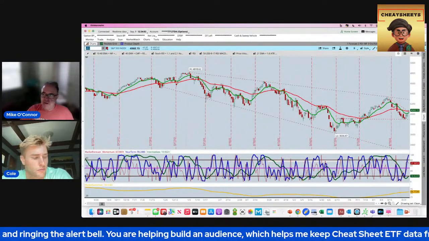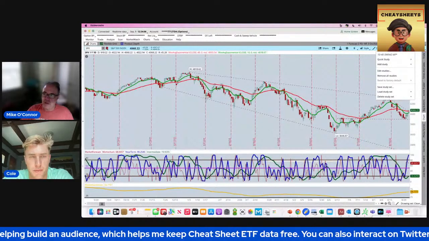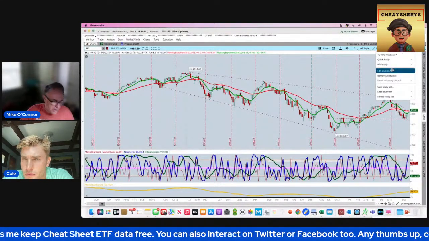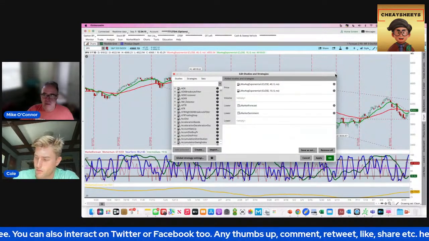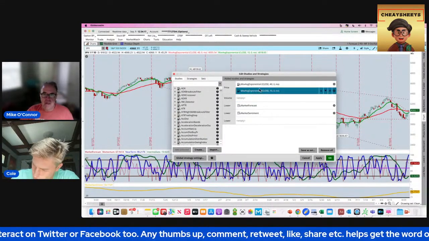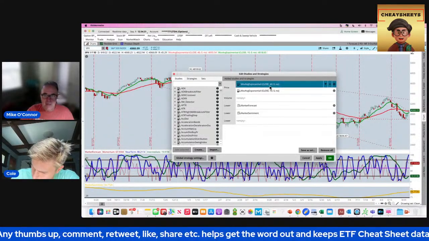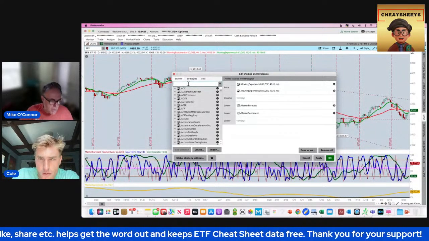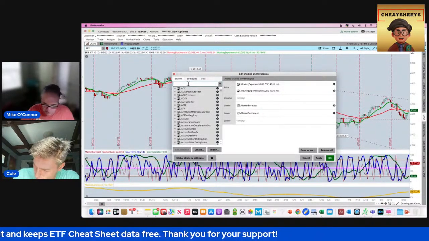So if you're interested in setting up the charts here on TD Ameritrade, we'll come over here to Studies, and then we can do a number of different things. We can choose to edit studies, and then this will pop up here. I'm not going to delete these, but let's pretend that none of this is here. So I hit edit studies, and I want to look for the four different indicators that are part of the market forecast tool.